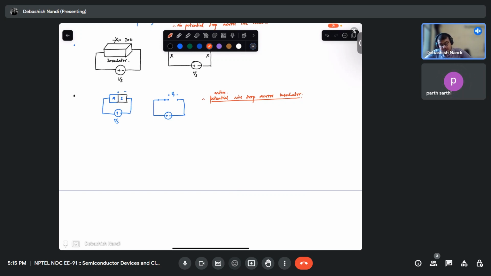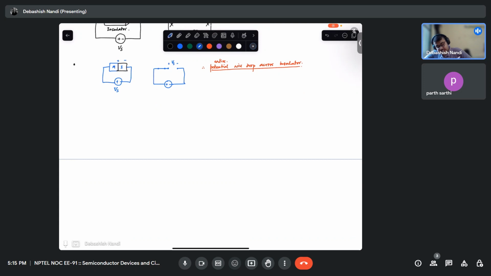So now tell me, we have studied this also, right? This PN junction, PIN diode. We have studied these PIN diodes, right? So how did we go about it?